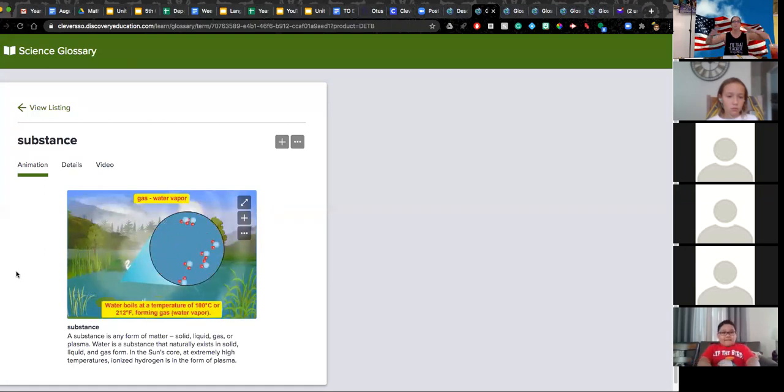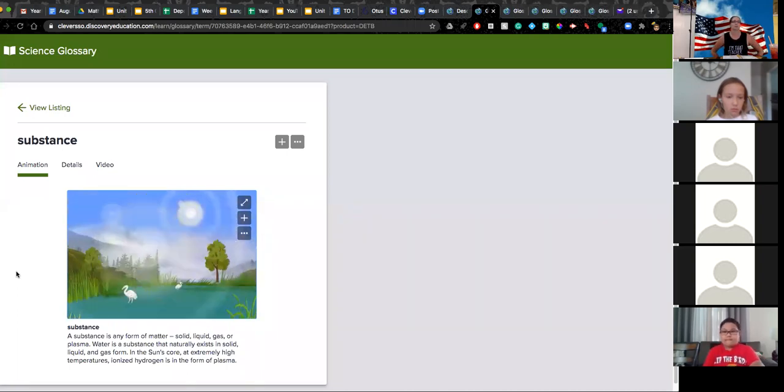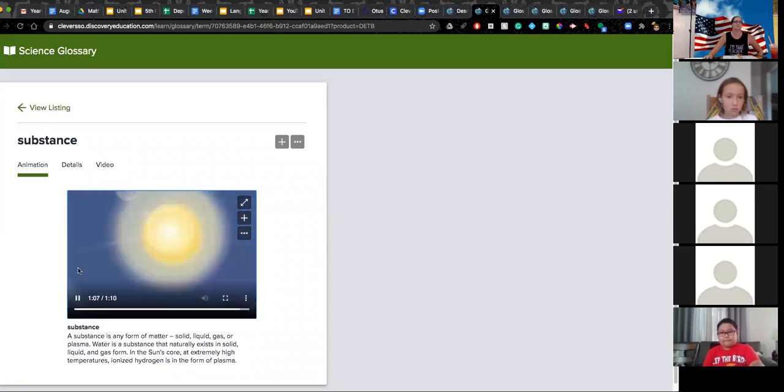In a gas, they're really spread out, so there's lots of room for those particles in that substance to move freely around. A substance can be a solid, it can be a liquid, it can be a gas, it doesn't matter. Or a plasma. There you go, Spencer. It can be plasma also. All of those are substances.